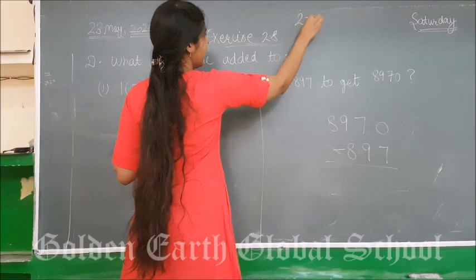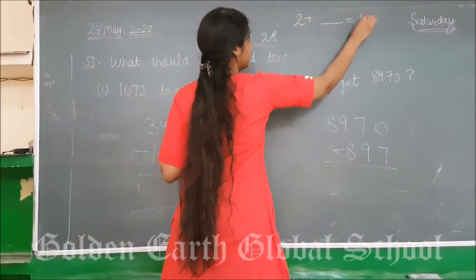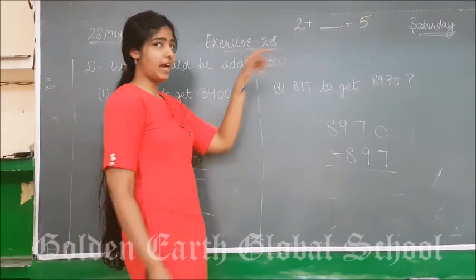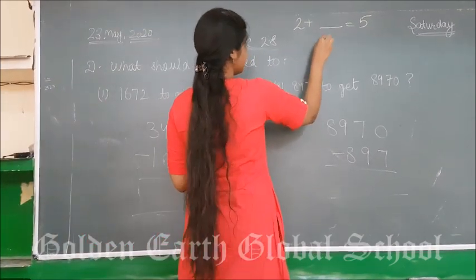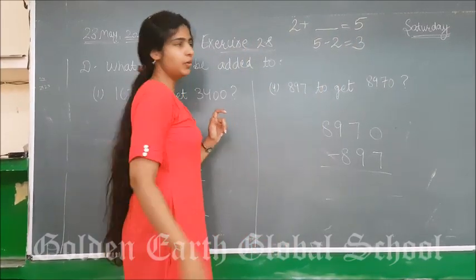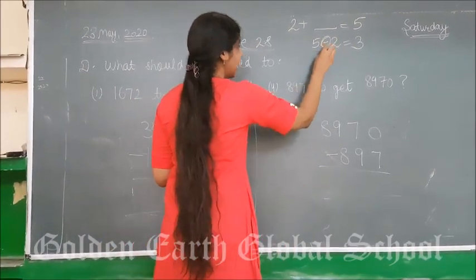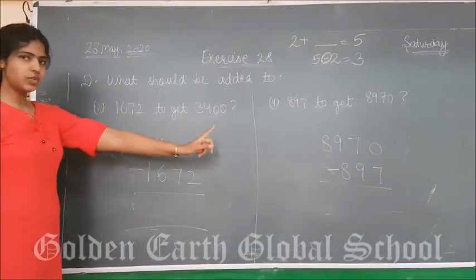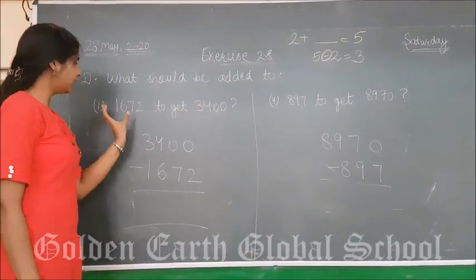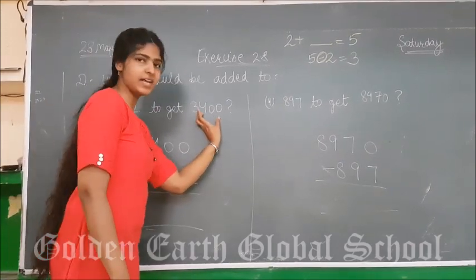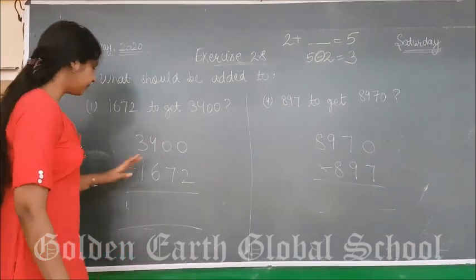क्या यूज करा आपने? 2 में मैं क्या add करूं ताकि आपके पास 5 आए? आप क्या answer दोगे कि मैम आप 3 add करोगे. ठीक है? कैसे आपने करा? 5 minus 2 is 3. What will we use? Concept of subtraction. Similar way हमने इन sums में भी क्या यूज करना है? Subtraction. कि हम इस नंबर में कौन सा नंबर add करें ताकि हमारे पास ये नंबर बने. ठीक है?